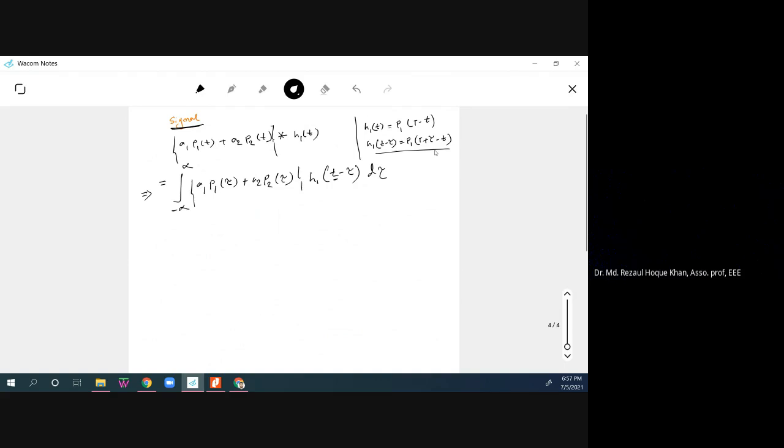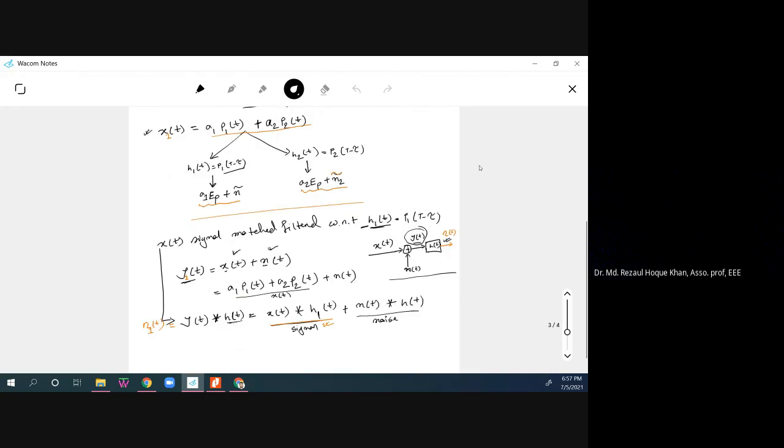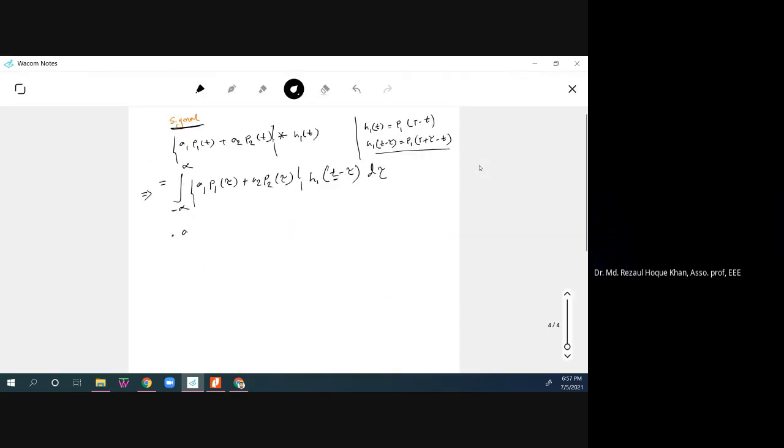So sampling, you see, this signal r(t) is sampled here at sampling time T. Sampling at t equal to T at this frequency, this signal becomes, so we can rewrite, the integral from minus infinity to plus infinity of p1(tau) times p2(tau) and p1(tau) d tau.